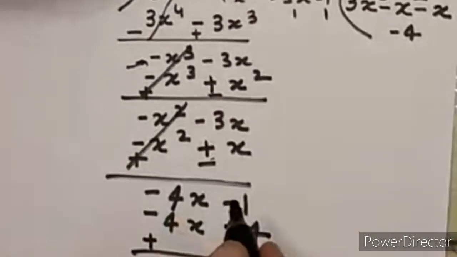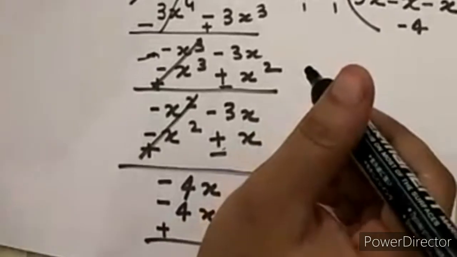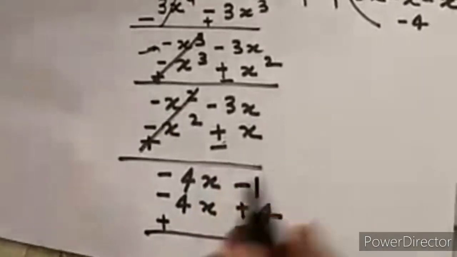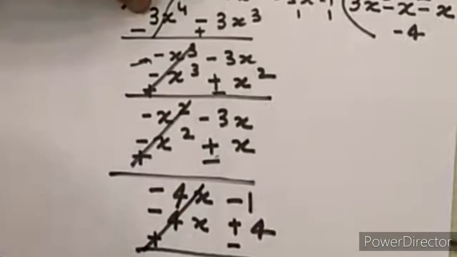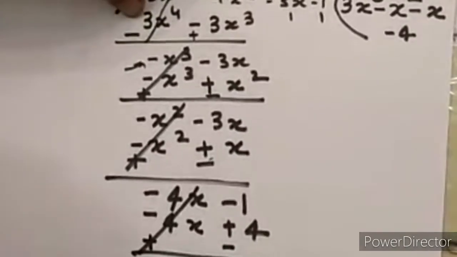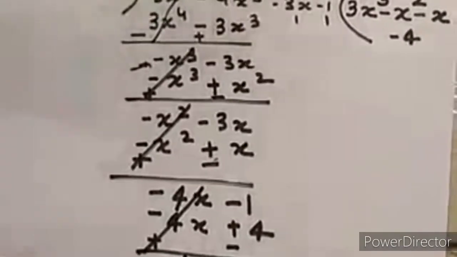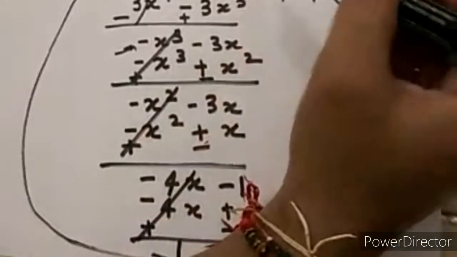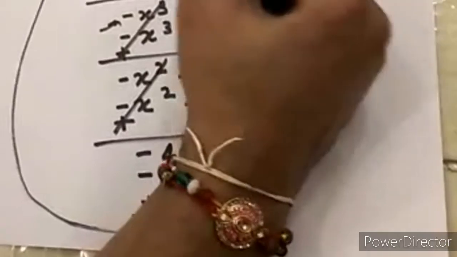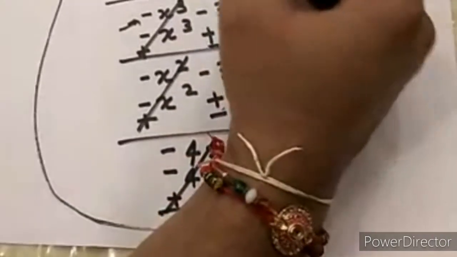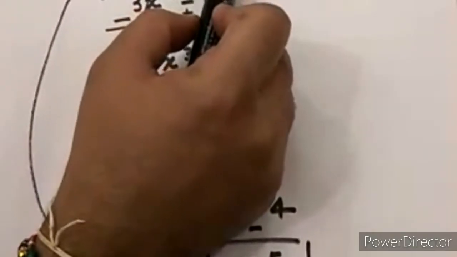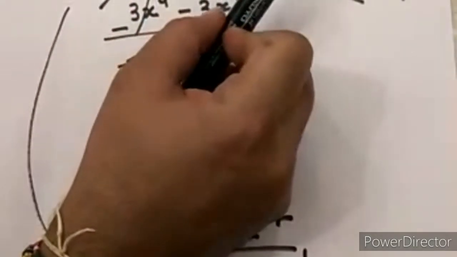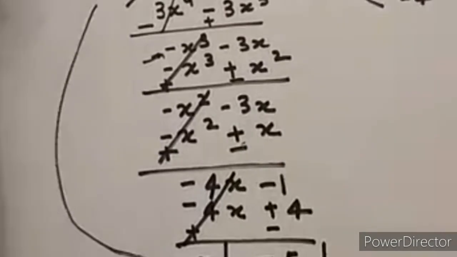You must be knowing that when the sign changes, plus becomes minus and minus becomes plus. So here it gets subtracted. What is the remainder? Minus 5. So you can say, if we divide the given function 3x to the power 4 minus 4x cube minus 3x minus 1 by x minus 1, the remainder will be minus 5.